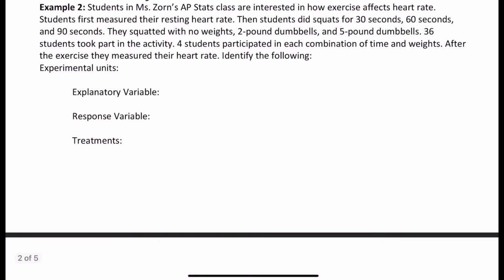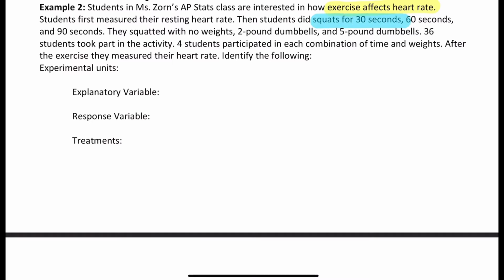Example 2, students in my AP class are interested in how exercise affects heart rate. So there's some important information here. They want to know how exercise affects heart rate. Students first measured their resting heart rate. Then students did squats for 30 seconds, 60 seconds, and 90 seconds. So that's some more important information here.